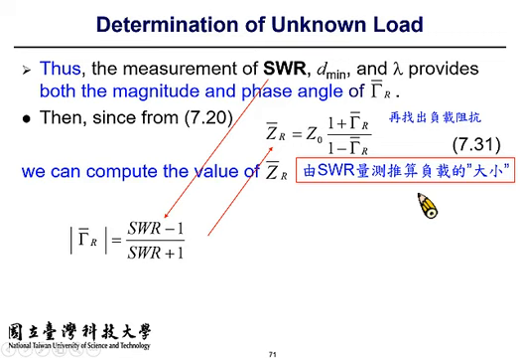But it's close: once we have gamma R, the magnitude and phase of the reflection coefficient, which is a complex number, we can substitute into equation 7.31 and get the complex number ZR, which is the product of Z sub 0 times 1 plus gamma R over 1 minus gamma R, which is, again, in general a complex number. So using the SWR measurement, you can find out the characteristic of the termination.